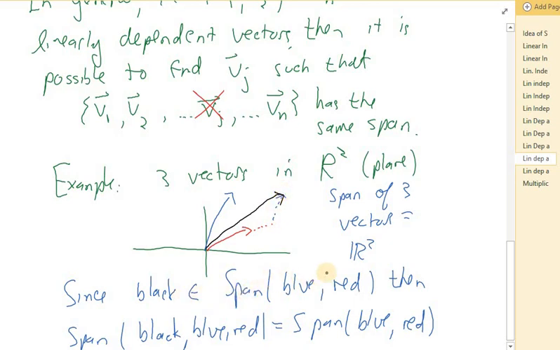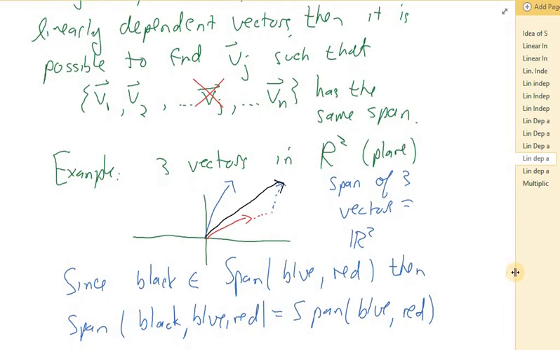Since black is in the span of blue and red, then the span of black, blue, and red is the same as the span of blue and red. In other words, the black doesn't add anything to the span. Any vector I can obtain by a combination of these three, I could also obtain by a combination of these two. Black doesn't give me any more range to my span. Okay?